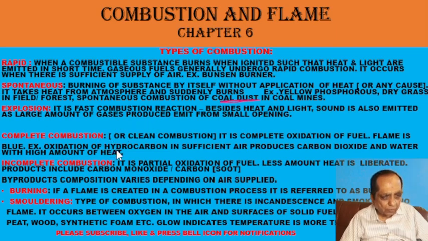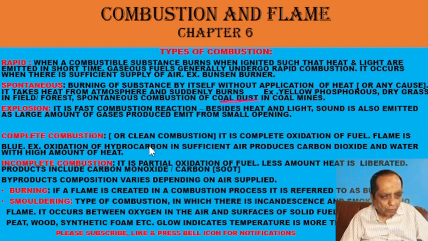Now incomplete combustion: oxidation of the fuel has not been completed. Like oxygen reacted with carbon but has so far formed carbon monoxide. Now if there had been more oxygen, carbon monoxide would have got converted to carbon dioxide. So it is an incomplete oxidation or incomplete reaction. So we say incomplete combustion.